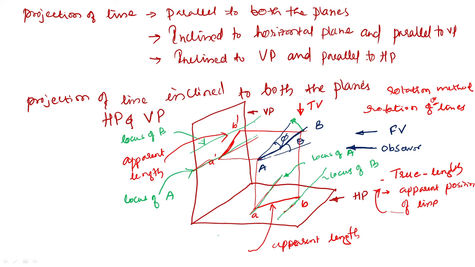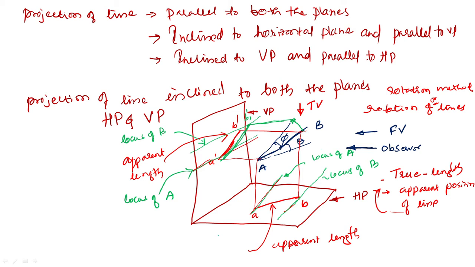Then you extend this portion here. So you are going to get one more locus on the vertical plane. You just join here. Now this is going to give either the true length or the apparent length. It all depends on how the problem is defined.